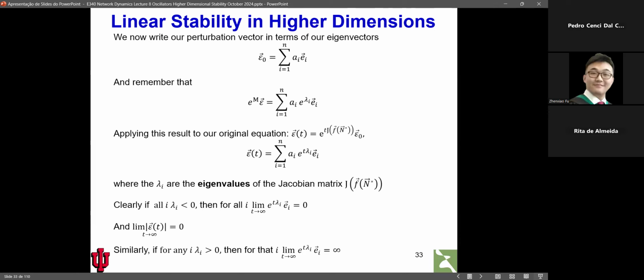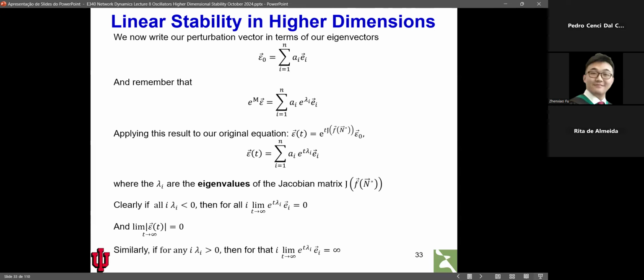However, if at least one of them is greater than 0, then it's going to infinity. Even if it's only one of 300 of them. In the direction of that eigenvalue, the size of the perturbation is going to be infinity, and you have an unstable fixed point.